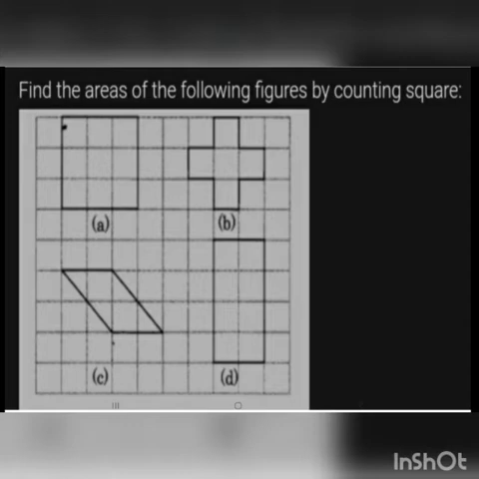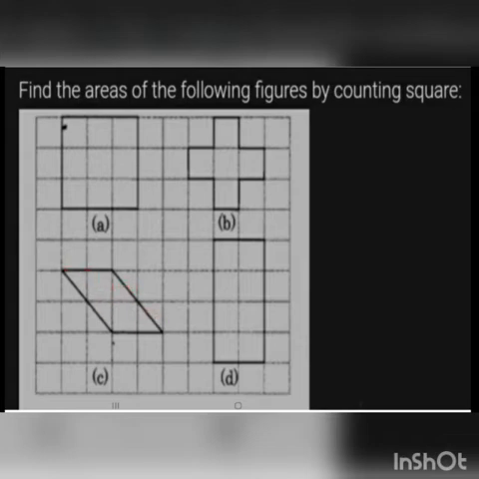Similarly, here how many? 1, 2, 3, 4, 5. So the area will be 5 square units. Here 1, 2. These 2 are full, but the rest are not full, isn't it? So 1, 2, then 2 halves coming, 3, here also half coming, here also half coming, 4.